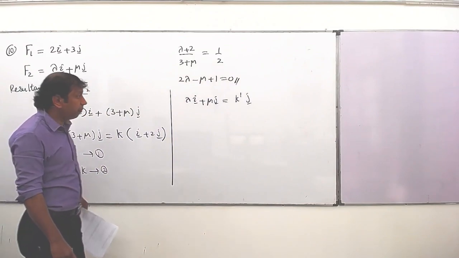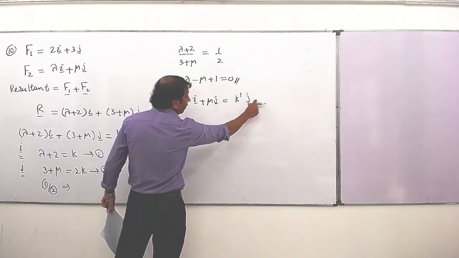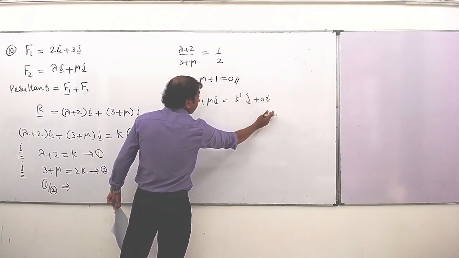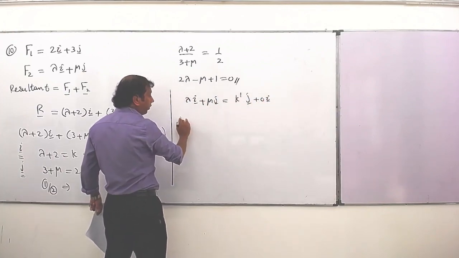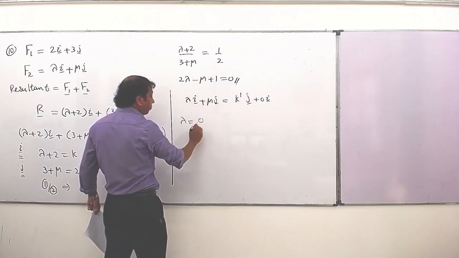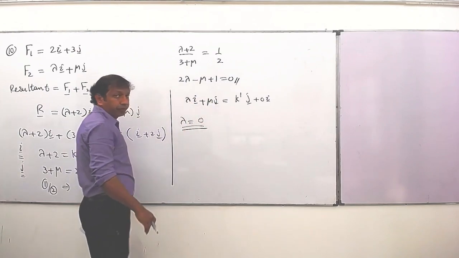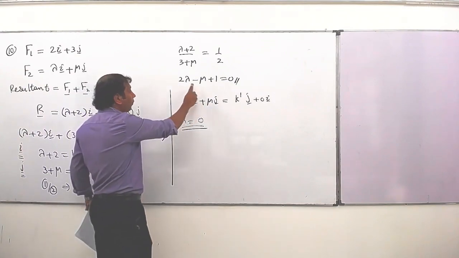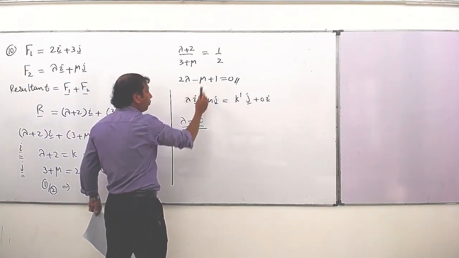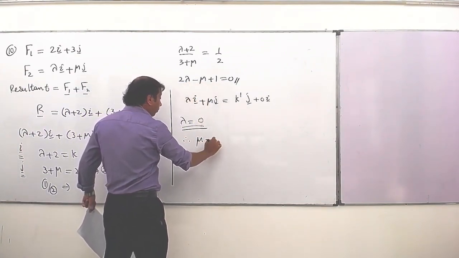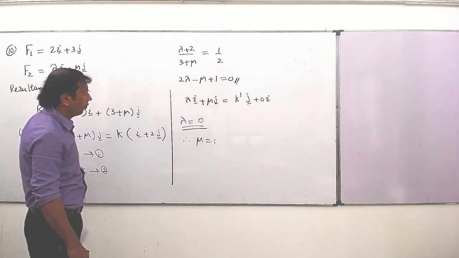Right? That means on the right hand side, no i. We get 0 i. Left and right, when I equate i coefficients, lambda should be equal to 0. If lambda is 0, put that here, then we get mu equals 1. Lambda 0, mu equals 1.